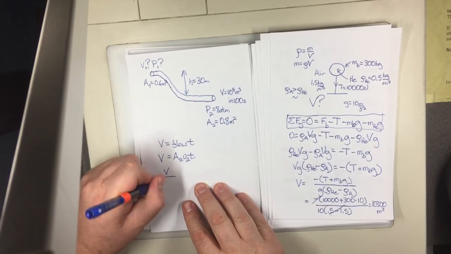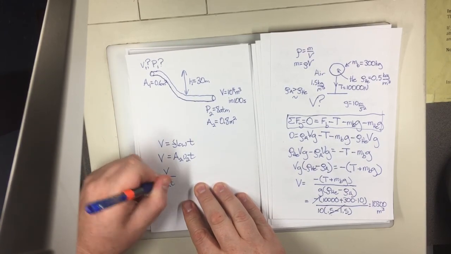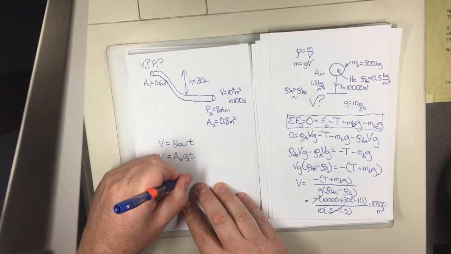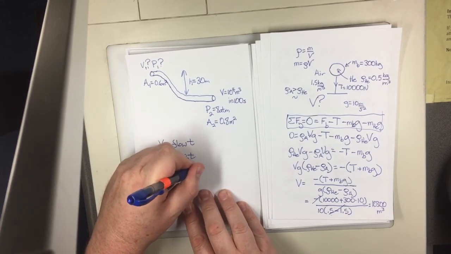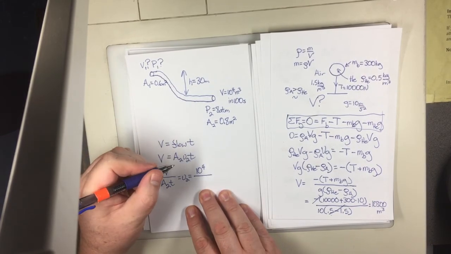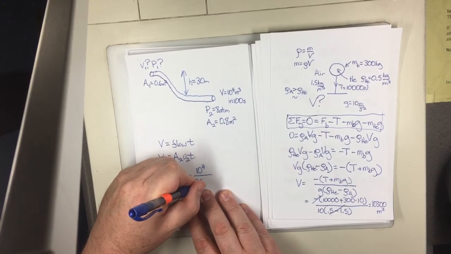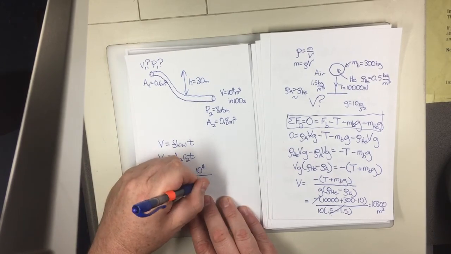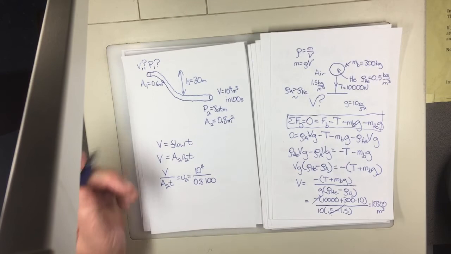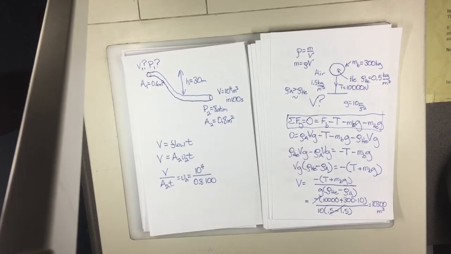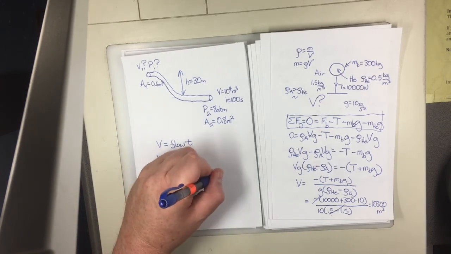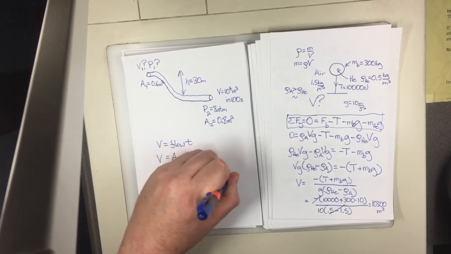So volume divided by A2 times T is equal to V2. So this is 10,000. A2 is 0.8. The time is 100. So that is left with 100 divided by 0.8. And I'm left with an insane velocity of 125 meters per second.